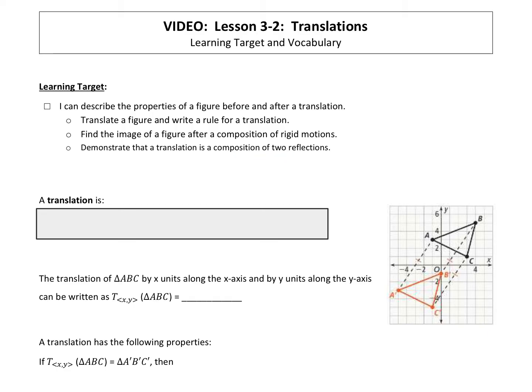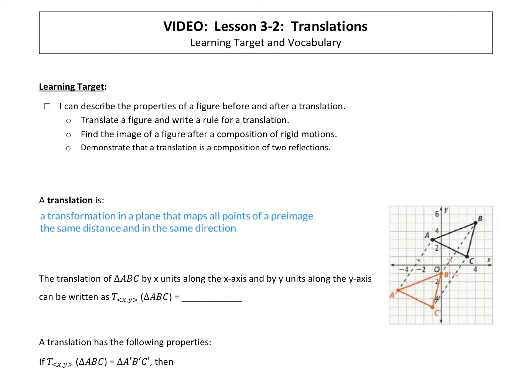So, what is a translation? A translation is a transformation in a plane. And when we say plane, that's just like a coordinate plane, just a 2D plane, that maps all points of a preimage the same distance and in the same direction.